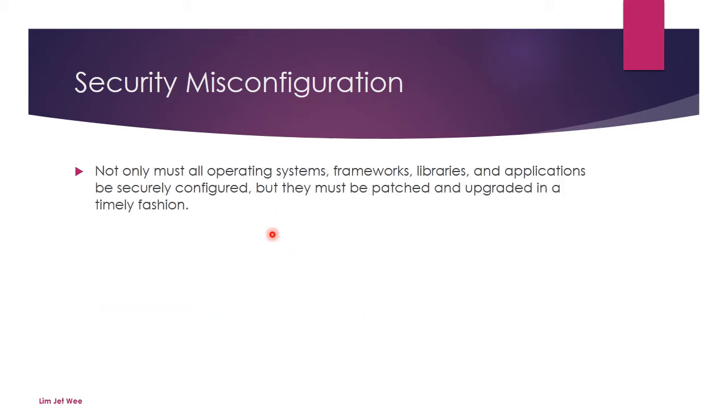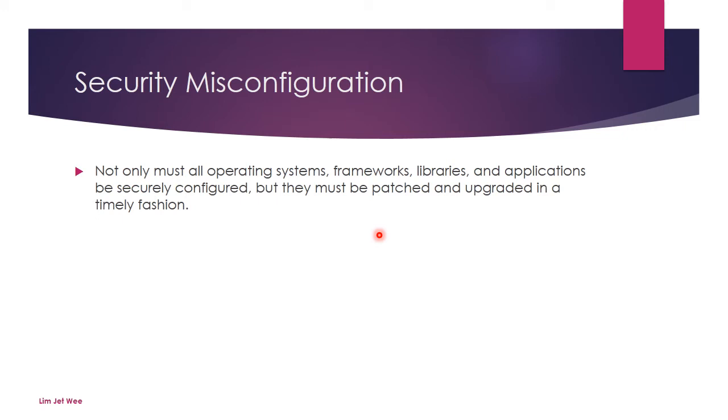Now, when you are dealing with configuration, unfortunately you have to work with all the layers all the way up, from the OS, or in this case probably your network operating system installed onto your server, to the frameworks that you use.